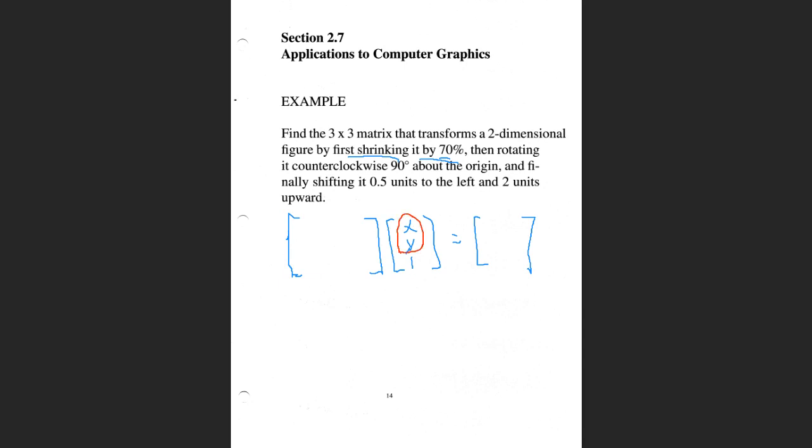If you shrink xy by 70%, what does x become? What must you multiply x by to shrink an x coordinate 70%?